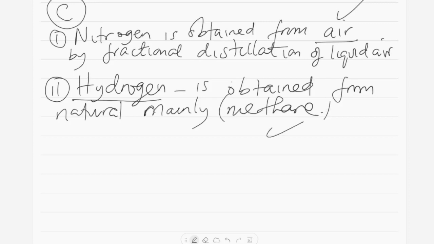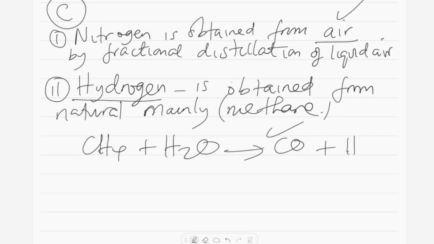And what happens there is very simple. We react methane plus steam. This forms carbon monoxide gas plus hydrogen. Remember, this hydrogen formed is not stable, so there will be further reaction of carbon monoxide plus more steam.